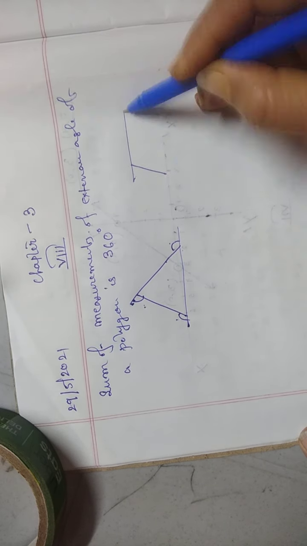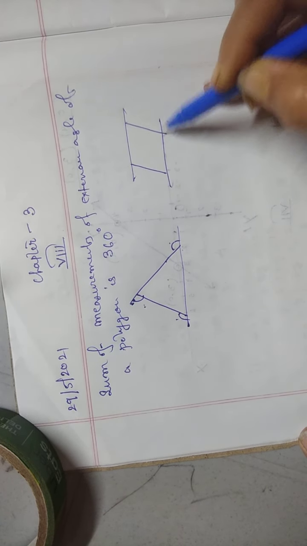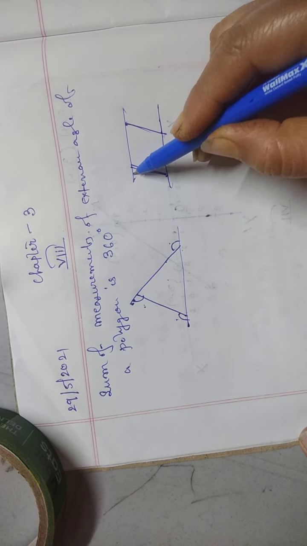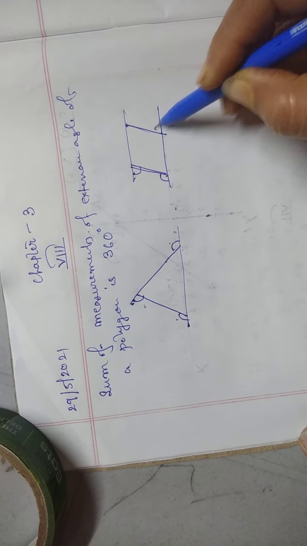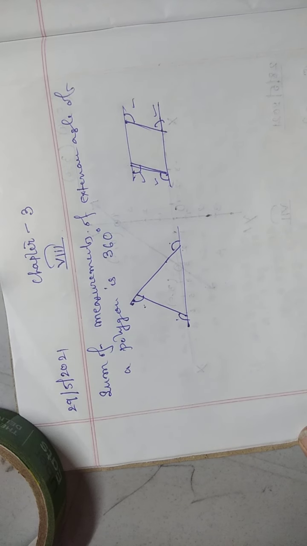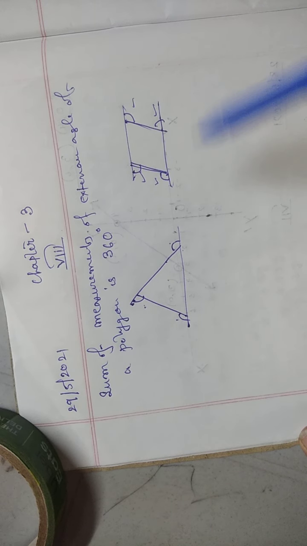If it is a quadrilateral, okay, which are the exterior angles? These are the exterior angles. The sum of these four angles is 360 degrees.